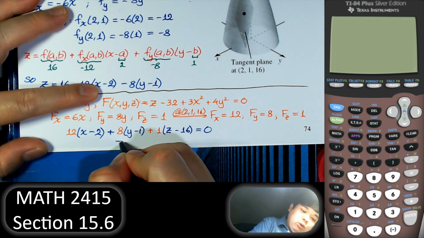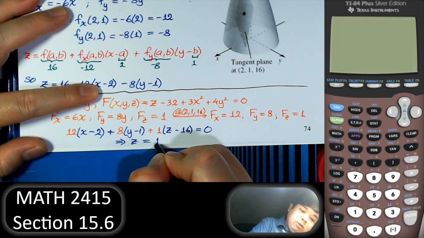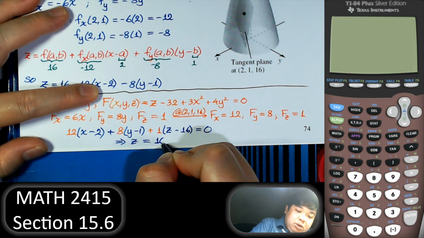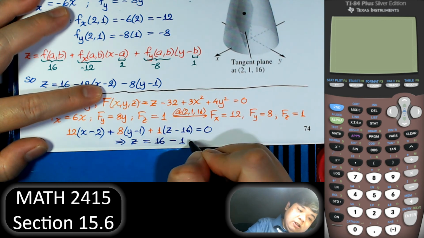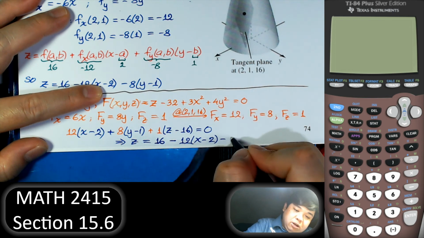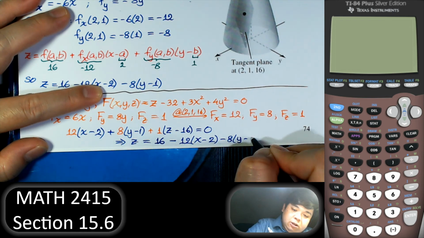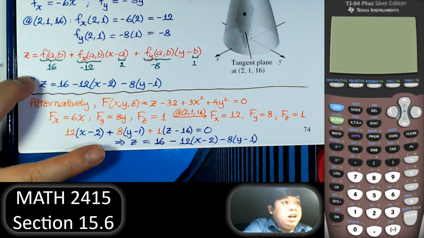So if we do that, we will have z equal to 16 moved to the other side. Negative 16 moved to the other side becomes positive. This moved to the other side becomes negative. This moved to the other side becomes negative. So we see those two equations are identical.